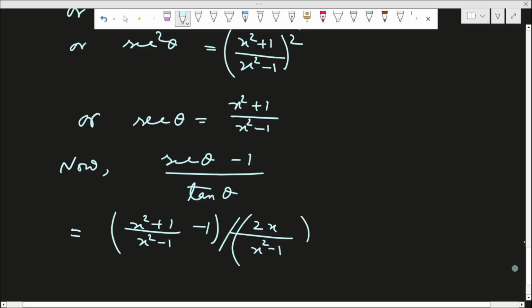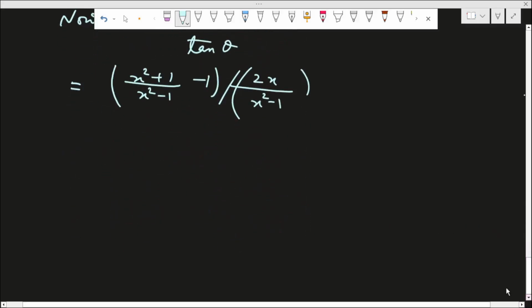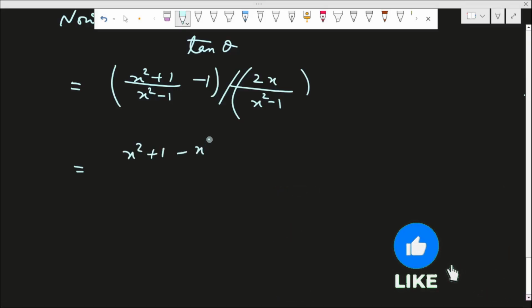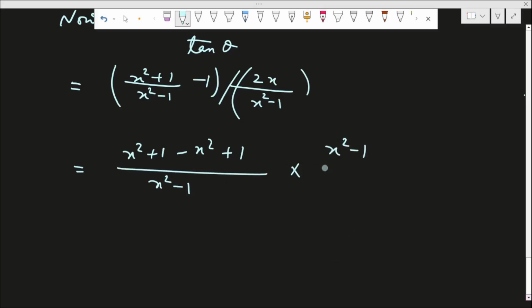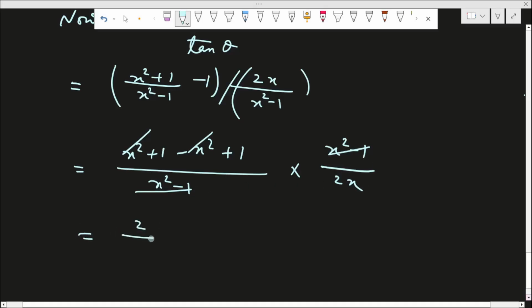Now simplify this, that is equal to x square plus 1 minus x square plus 1 by x square minus 1, into x square minus 1 by 2x. Here x square minus 1 gets cancelled out.